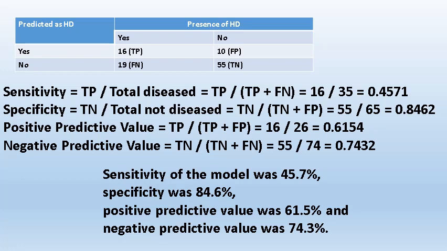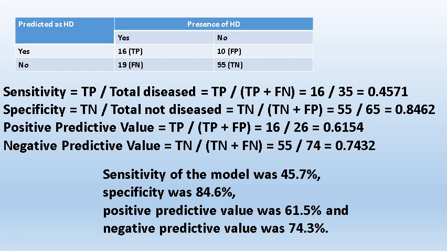Positive predictive value means true positive divided by true positive plus false positive. That means 16 are true positive. Why? It is predicted as heart disease and actually having heart disease. Divided by 26. 26 includes true positive plus false positive, that is 16 plus 10. That is 26. So 61.54 or 0.6154 is the positive predictive value.